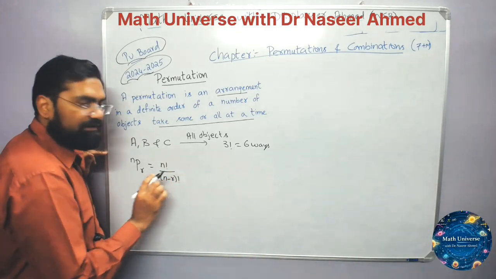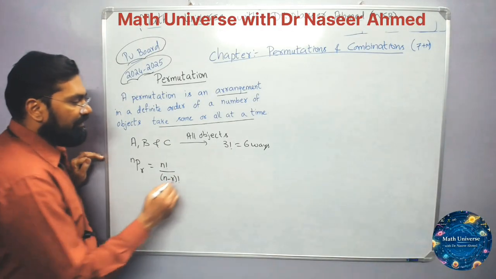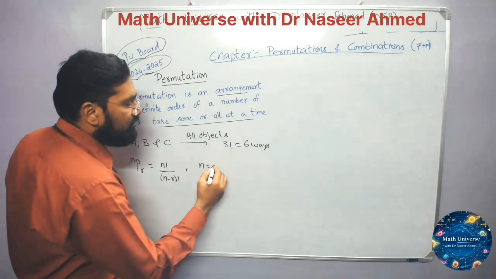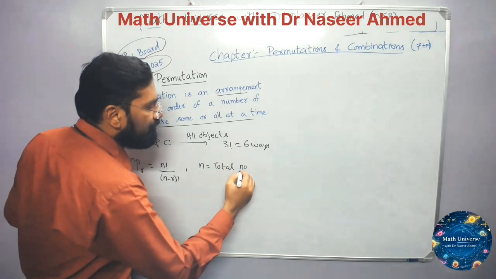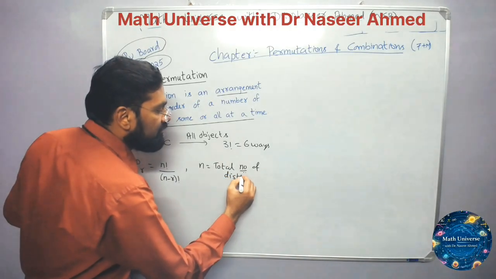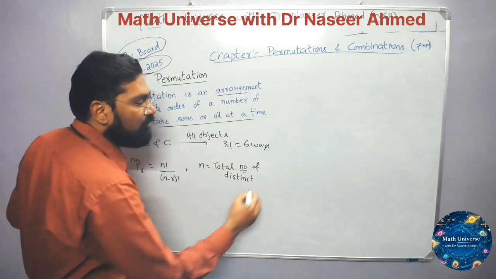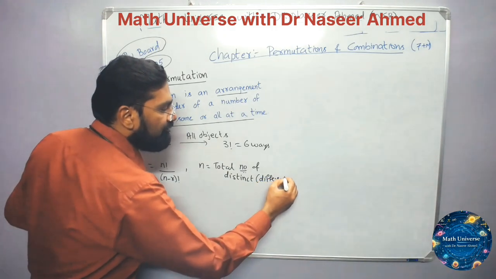n minus r factorial. Now, n stands for the total number of distinct objects. Here the most important thing is that the objects should be different.